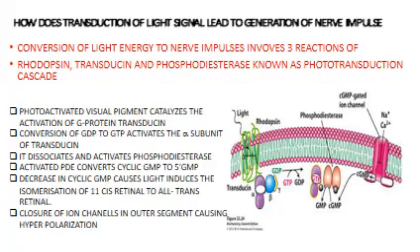Please remember, there are three chemicals which are involved in the conversion of light energy to nerve impulses. The flow of these reactions is known as the phototransduction cascade. That is, one after the other it gets activated and finally causes the generation of the nerve impulse. So what is first activated?